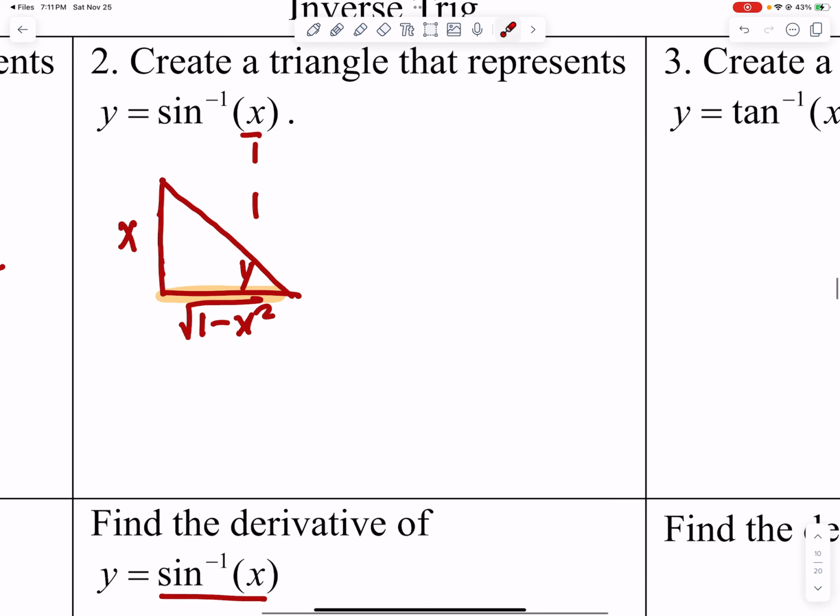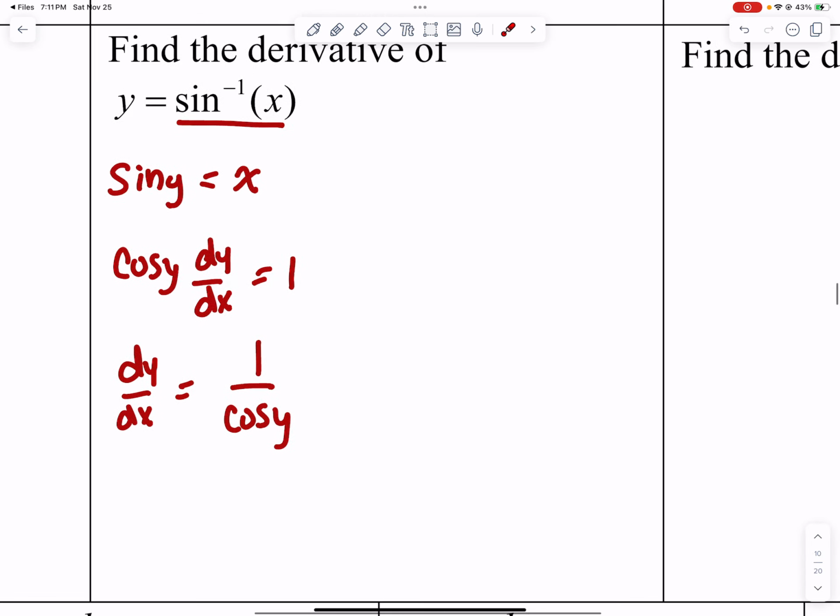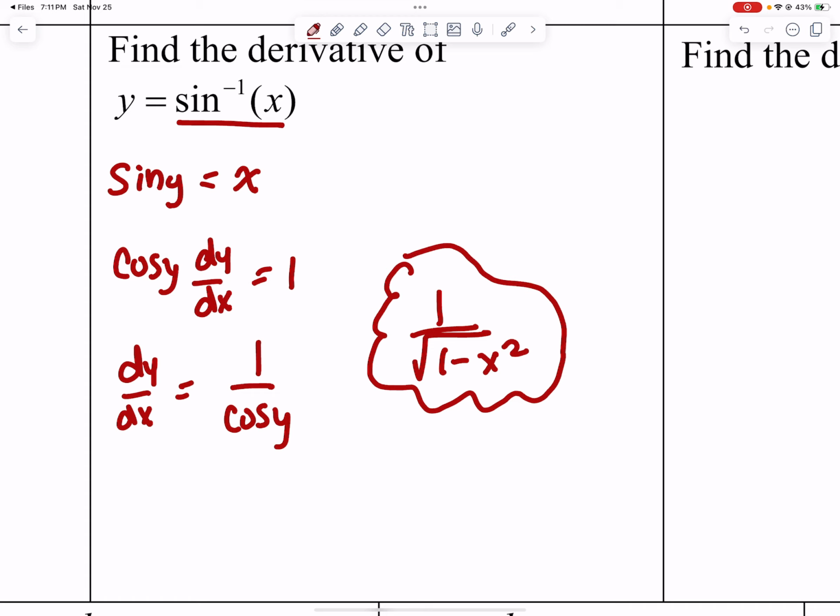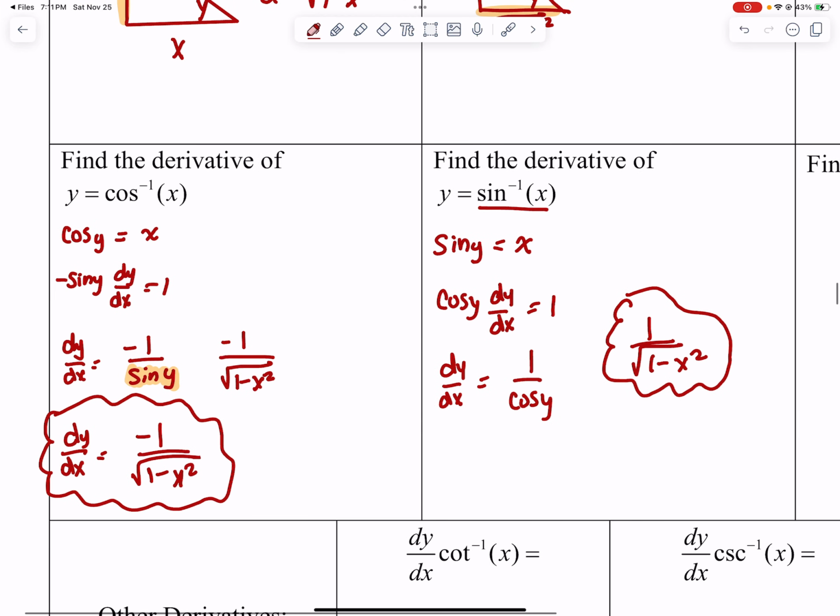Well, remember that cosine is adjacent over hypotenuse. So here, the derivative of inverse sine is going to be very similar to the derivative of inverse cosine, except this one's positive, whereas this one right here is negative. So pay careful attention to that.